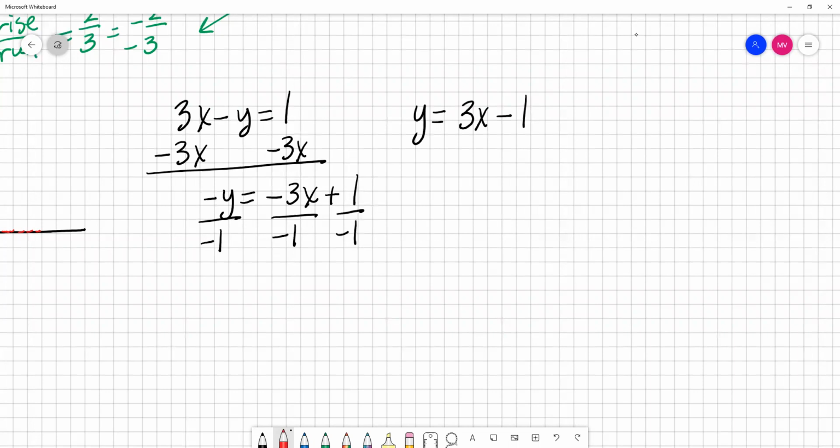Let me just double check myself here. Okay, so the thing that we have to figure out here is, this is parallel to the line that has a y-intercept of -1, but this line does not have a y-intercept of -1. So we need to calculate b.